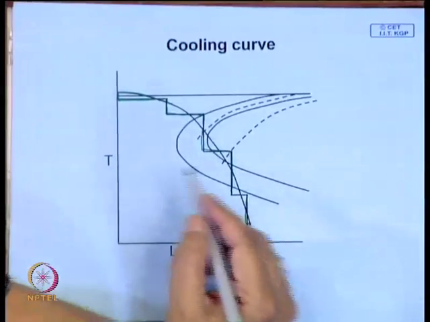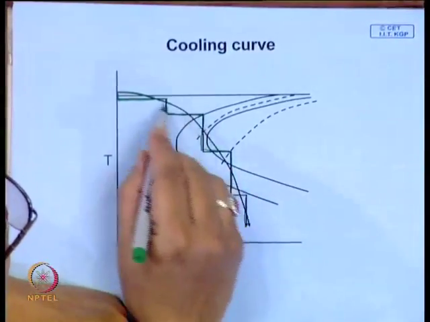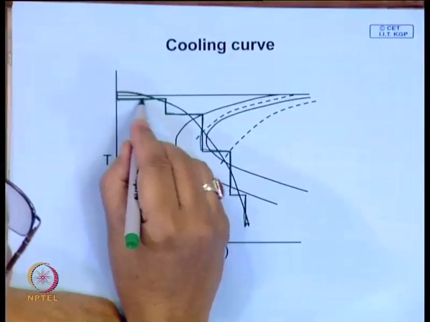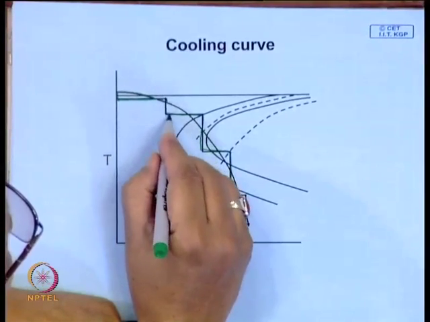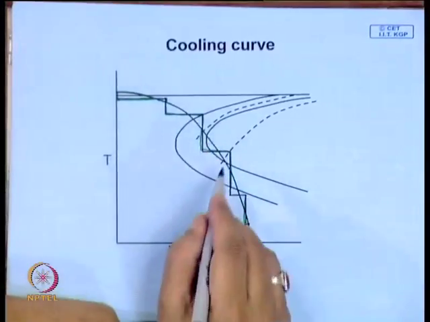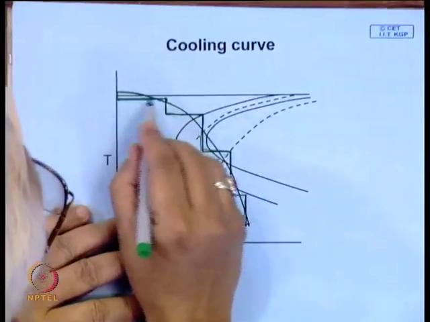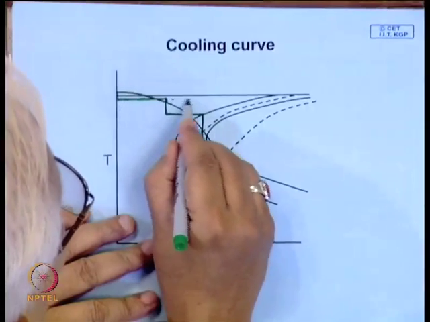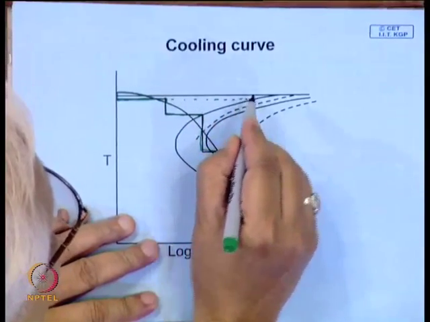Now, what happens when you are cooling? This is the hold time. Here the hold time at a particular temperature is quite easy to find out, and this is the transformation.